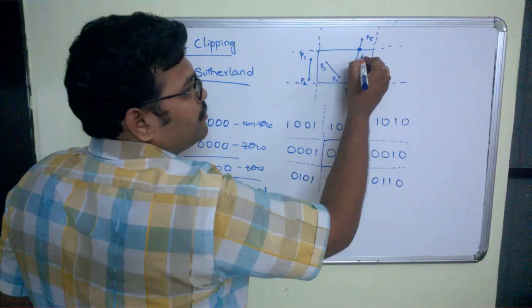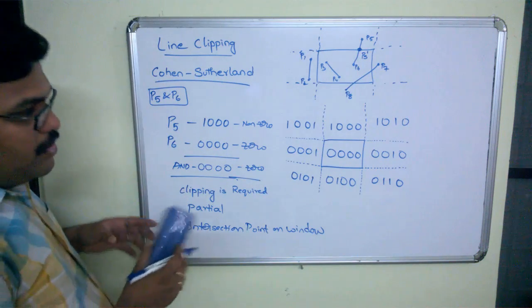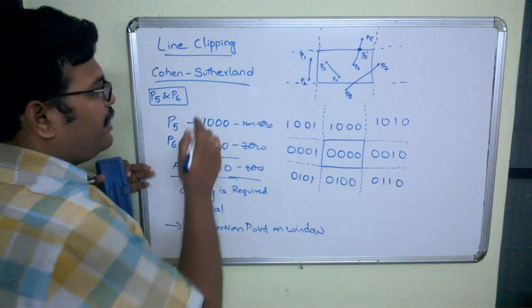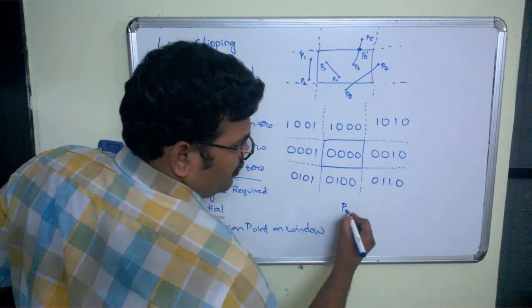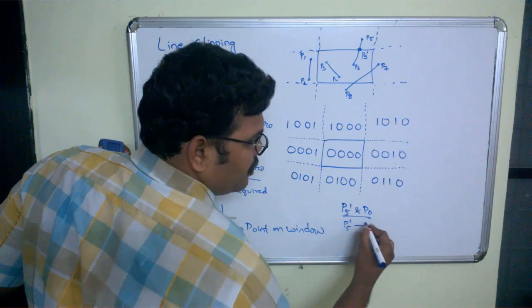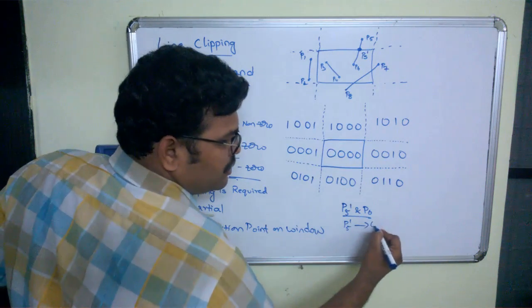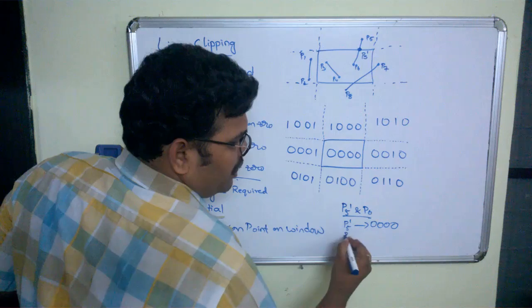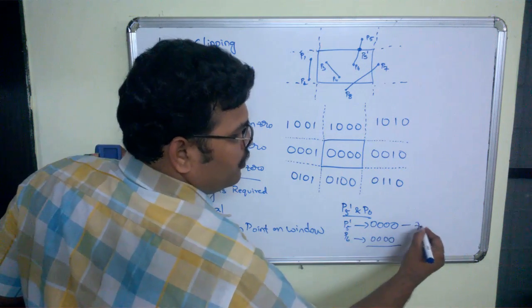So let us label it P5 dash. So again consider the line P5 dash and P6. For P5 dash, the region code is within the boundary line, that is all zeros. Similarly P6, that is also all zeros. So both are zero values.